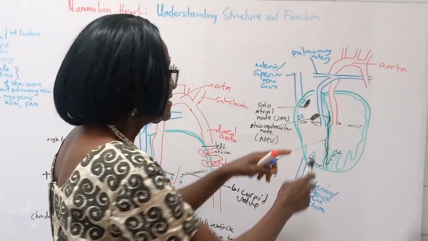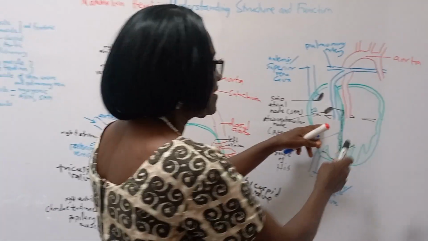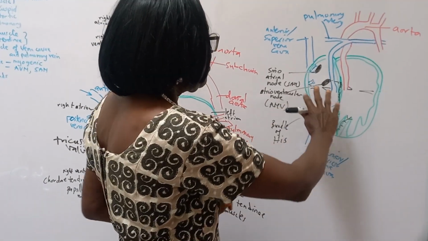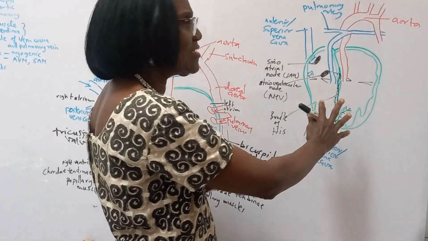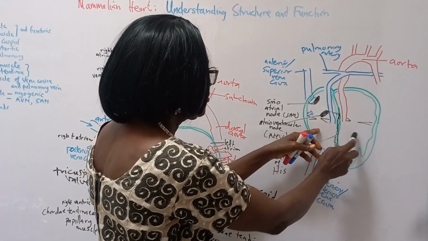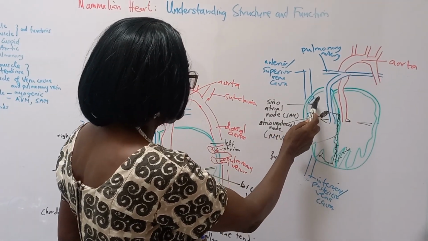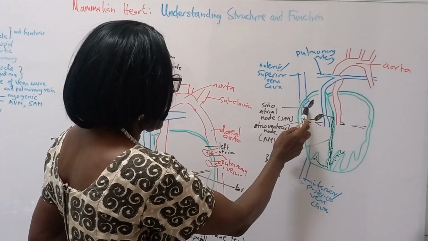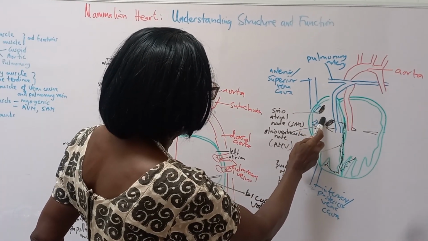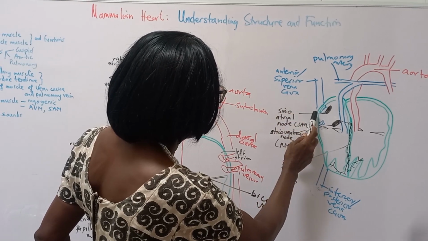What happens is that each of the muscles can contract on its own, but the rhythmic contraction of the heart is controlled. The rhythmic contraction of the heart is started from the sinoatrial node, which is found in the right atrium where the vena cavae enter.